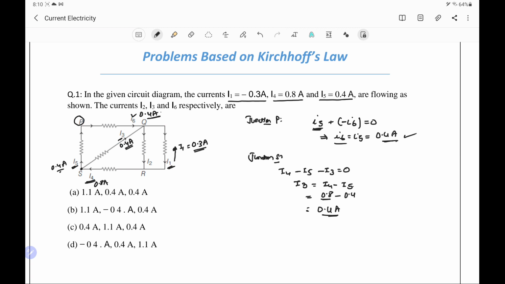Now remaining is I2. For I2, we will take the junction, say Q. At junction Q, incoming currents are I3 and I6.